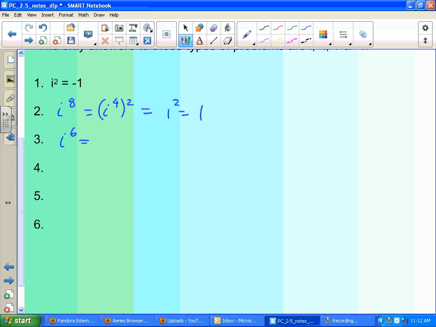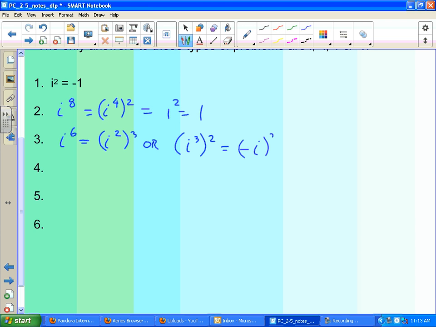Well, i to the 6th is i squared cubed, or, look at it this way, it's i cubed squared. And we know i cubed was equal to what? What was i cubed, guys? Negative i. i cubed is negative i.